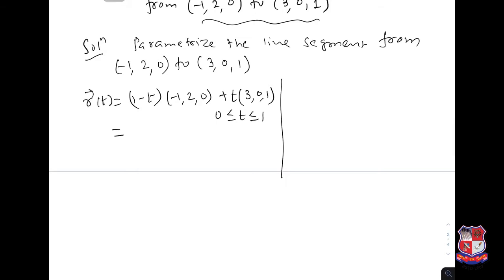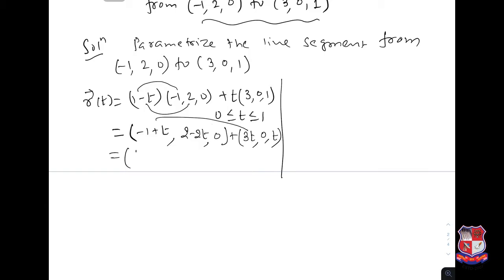So this is the way you can parameterize the line segment. That gives x = 4t minus 1, y = 2 minus 2t, and z = t.